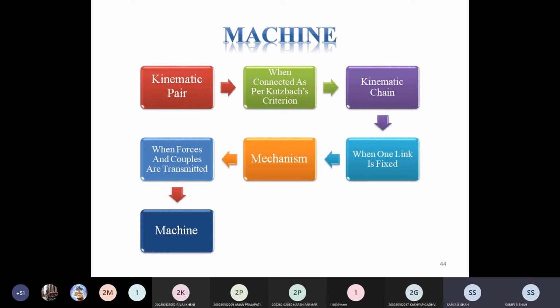If one link is fixed, then definitely it is called a mechanism. And if a mechanism is there, then it may transmit motion and force and couple, then it is called a machine. So if it is asked in an exam to define a machine, then I request that you please draw this diagram. If you draw this diagram, it creates a good impression, and definitely you will get good marks. So this is the diagram of a machine.